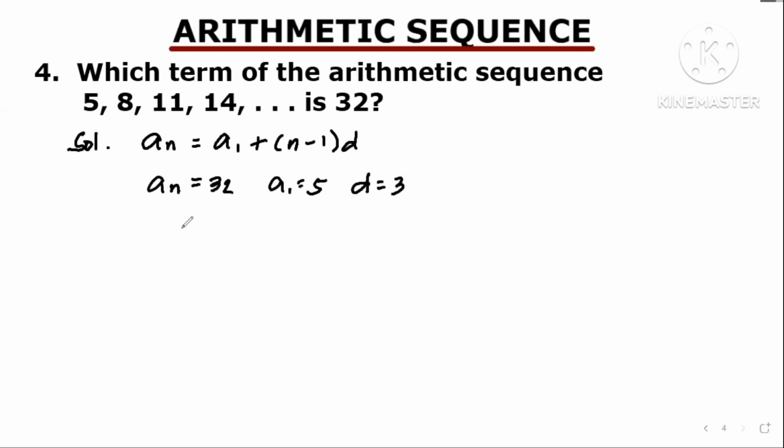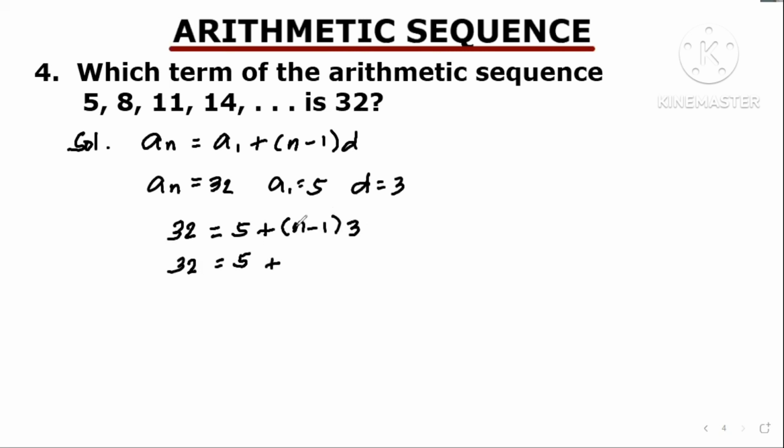Okay, again, substituting these values, a sub n is 32 is equal to a sub 1 is 5 plus n pa rin kasi yan ang hinahanap natin times d which is equal to 3. So 32 is equal to 5 plus, so what do you do with this?